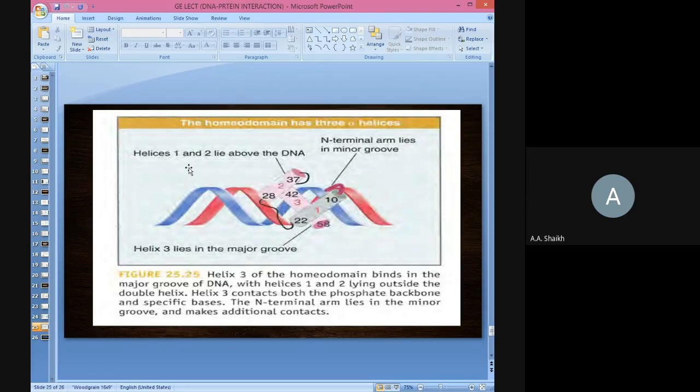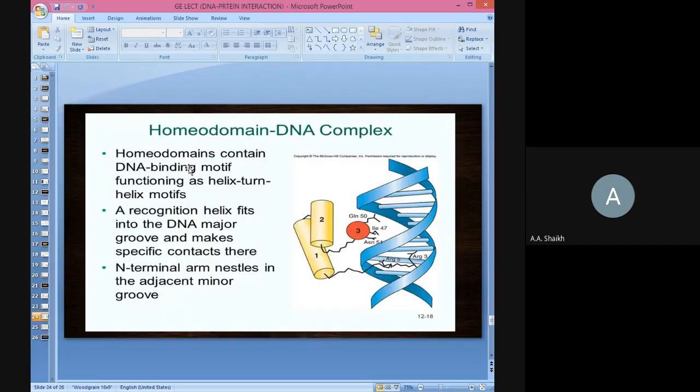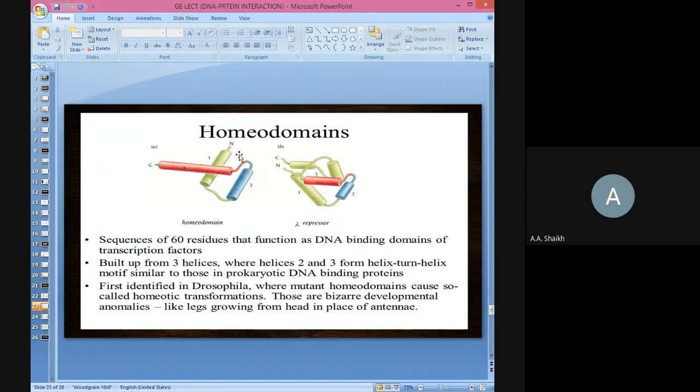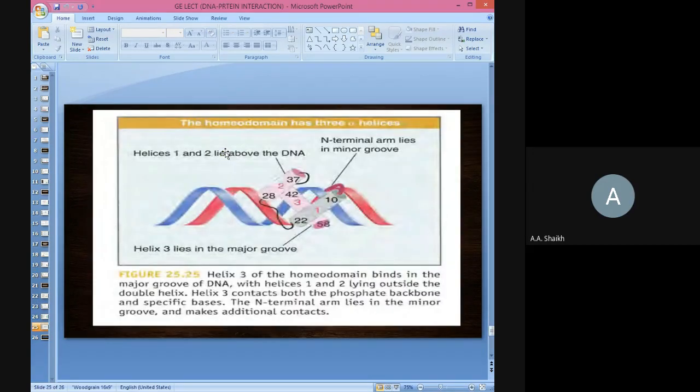So this is how they interact with the entire DNA structure. And the N-terminal, as we have seen in this image, has the ability to interact with the minor groove.